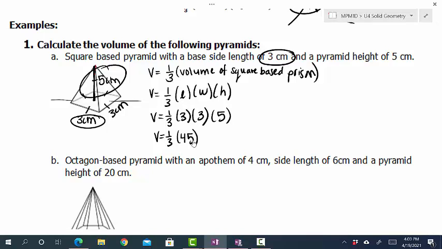Now we do 1/3 times 45, or think 45 divided by 3, which is 15. We just have to add in our units, so volume is centimeters cubed. So the volume of this pyramid is 15 centimeters cubed.